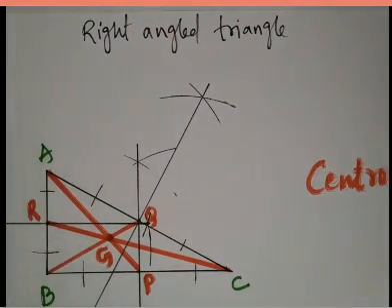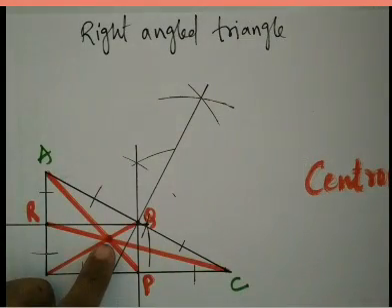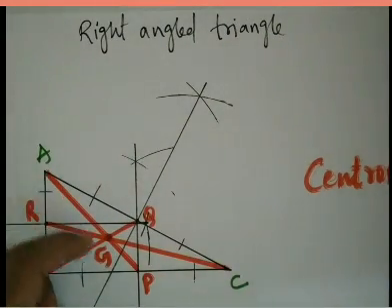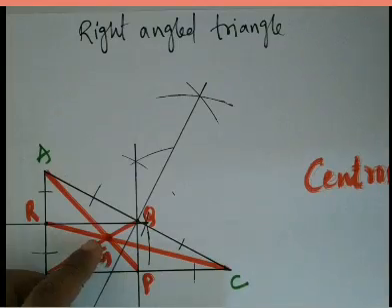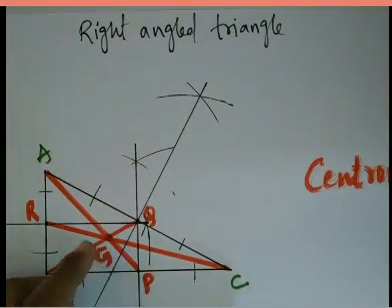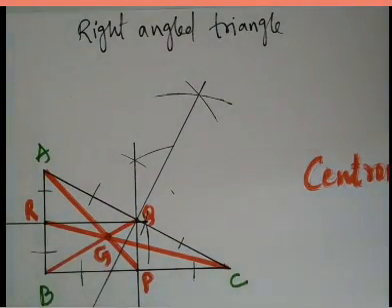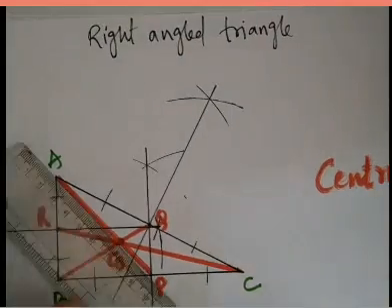Okay, now from this we will learn one property also. If we measure the distance of the centroid from the vertex, suppose I am taking a median AP, so if I measure the distance of centroid from A and from P, let's see what relation we will get here.